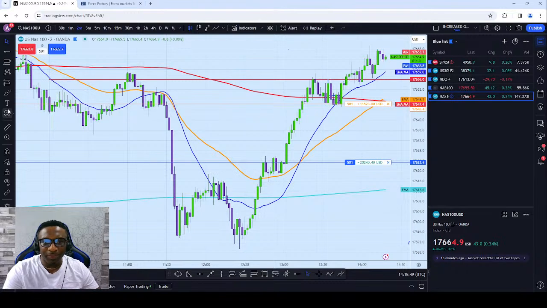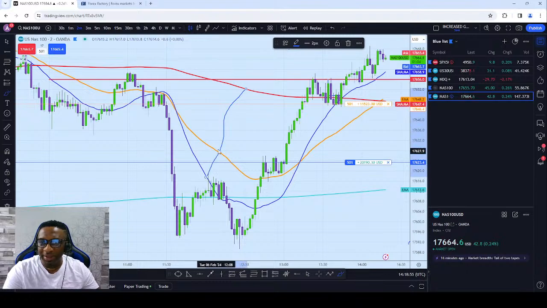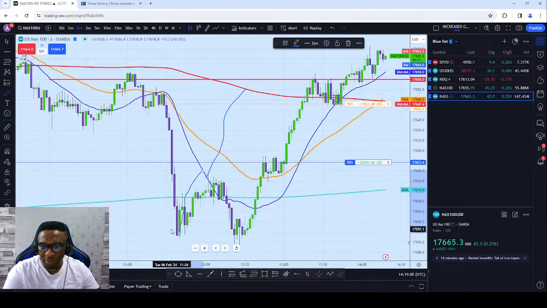So the distance from here to the blue line is wide, and then we have another wide space from here to where price got to. So this is a profit taking area. You got into here, you take your profit here. You could even take your profit on this candle as well.